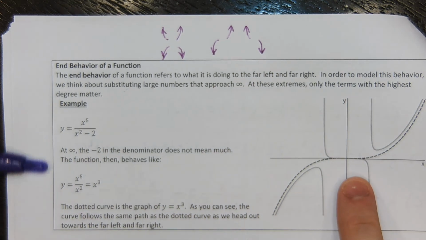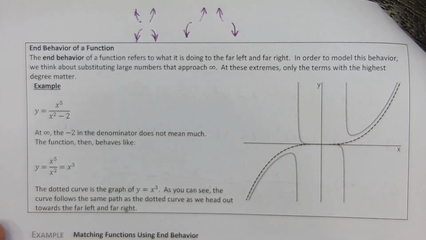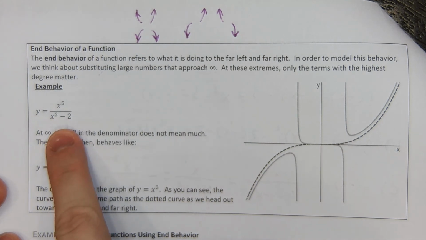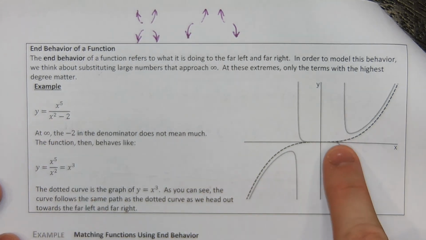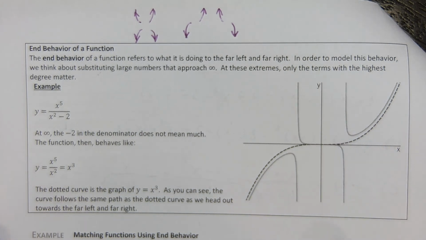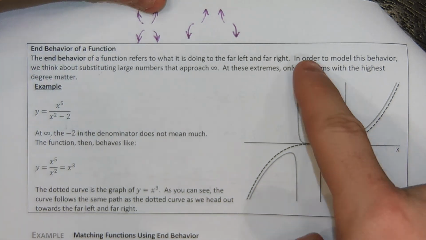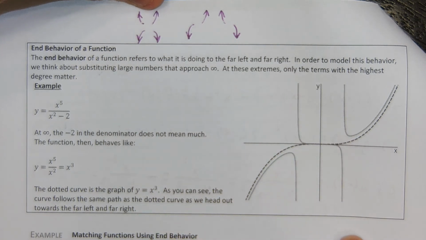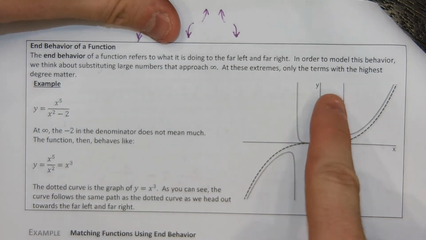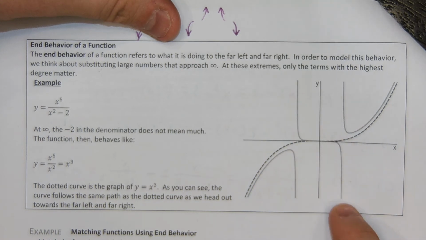So if you look over here at this graph, these solid lines are what this graph really looks like. The dotted line is y equals x to the third. I'm hoping that you can see that our curve goes right through that thing, and it's nowhere near it here and there and there and there.